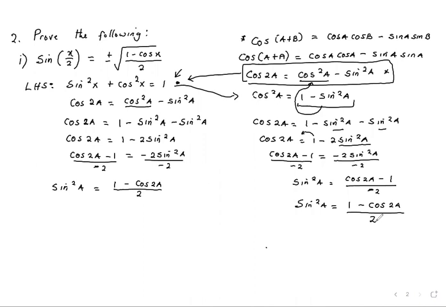Now, these other sides of the board, I don't understand. How, from where you drew that triangle, I got again. Now, how you've replaced 1 minus sine squared A into that thing, I don't get.